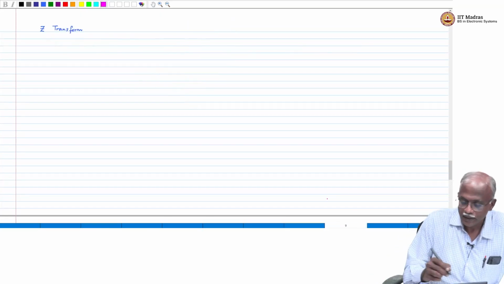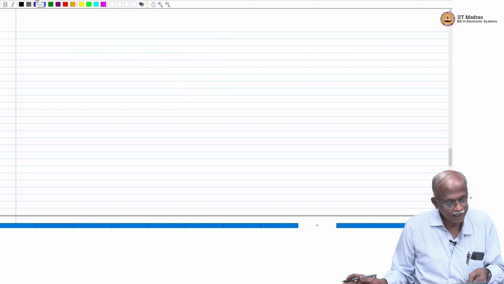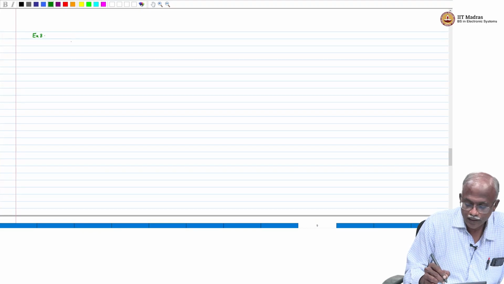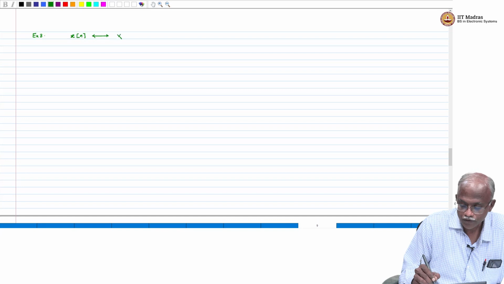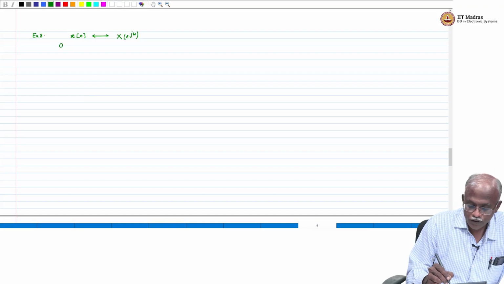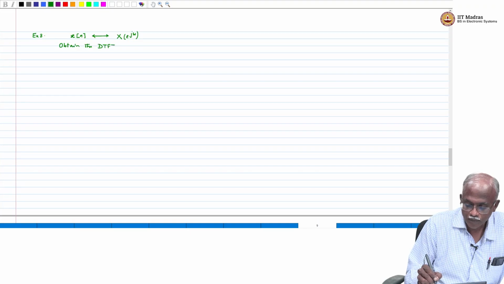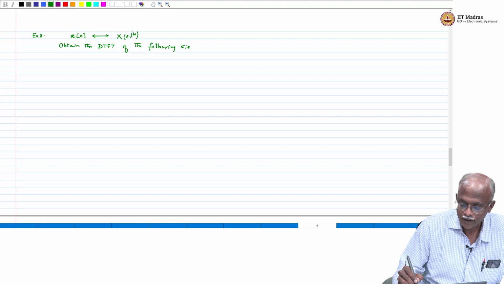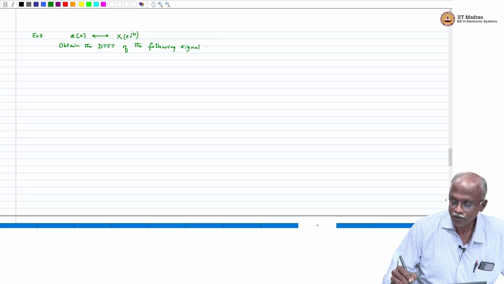Another type of question that you should be comfortable with is the following. This is example 3. We are given that x of n has a discrete time Fourier transform given by x e of j omega. Now we are asked to obtain the DTFT of the following signal in terms of x e of j omega.